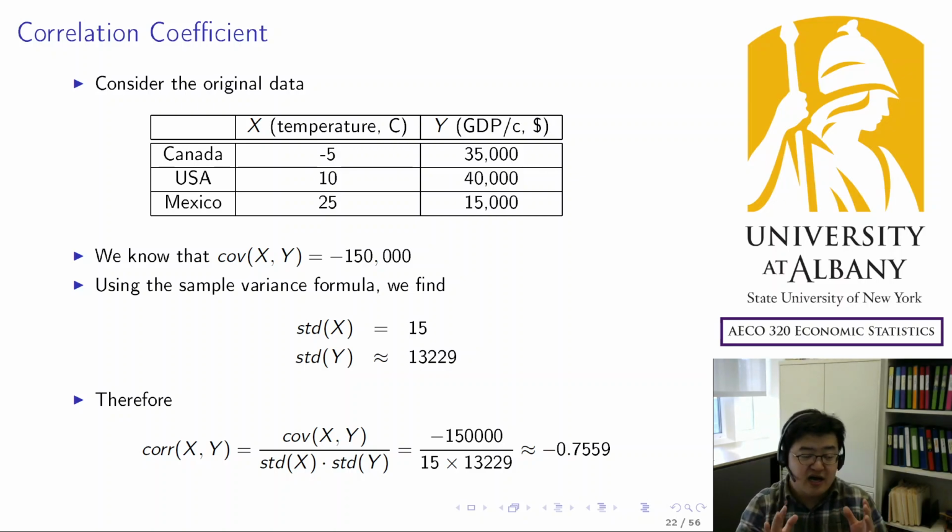So as I said, the correlation coefficient lies between -1 and +1, and this is negative, of course. So the direction is negative, and the strength is 0.75, which is closer to -1, right? It's a pretty strong correlation coefficient, right?